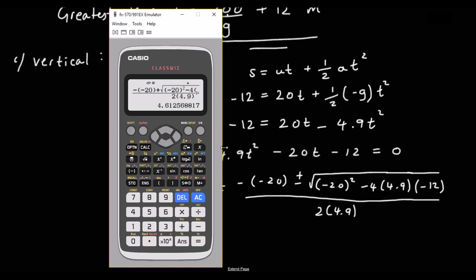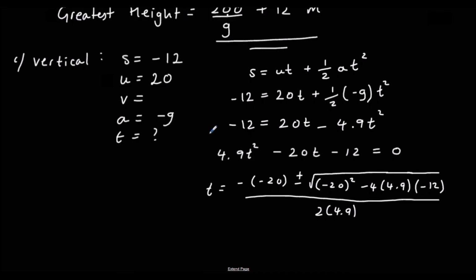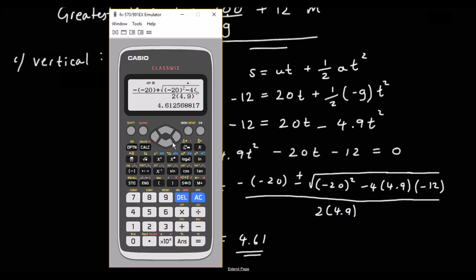So we get an answer of 4.61. And I expect for the negative, if we change the plus to a minus, this will give us a negative answer, which we can't use.